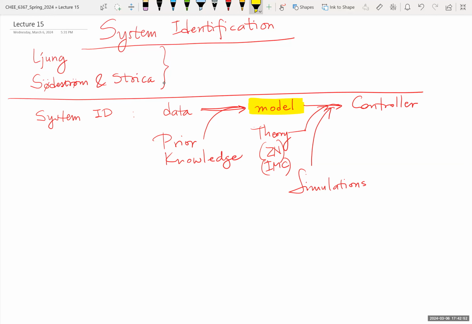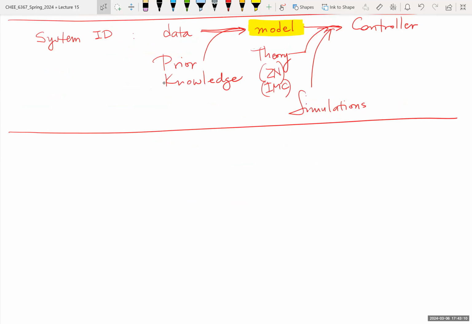For example, in the first ad hoc method on page 3 of the notes, you can get a simple first order model for a first order system by simply doing a step response experiment.